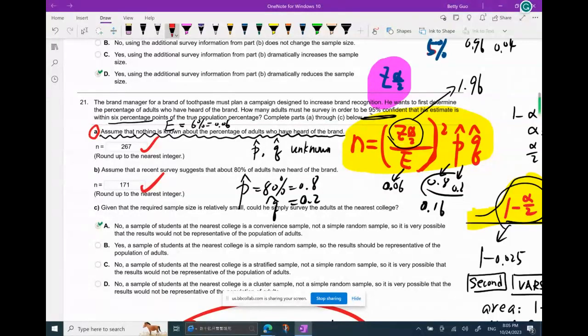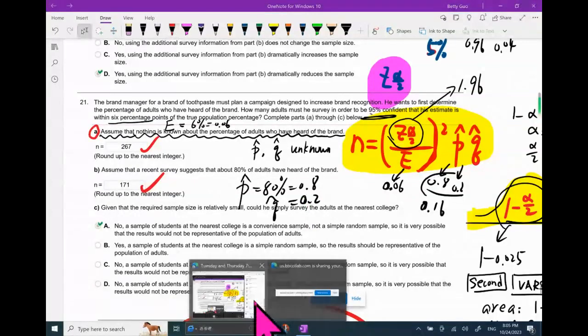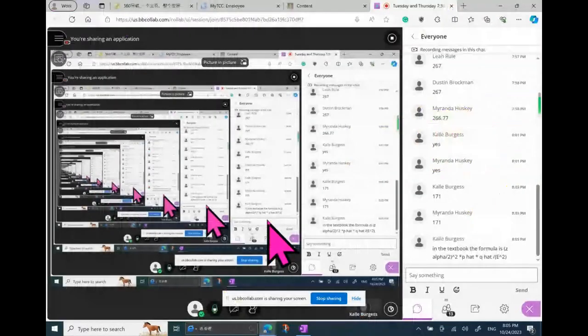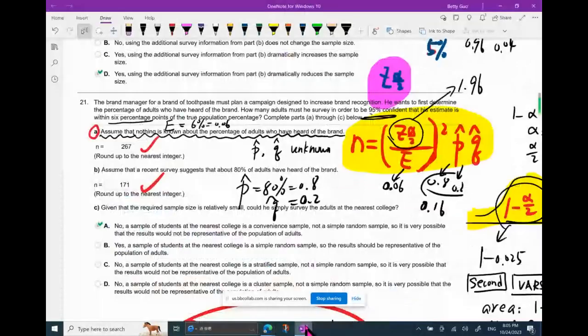Any questions, guys? Professor, I just messaged it, but I know it's hard to say. The textbook's formula is slightly different than yours, even though it might be the same. Really? Theirs shows as z alpha over 2 times the square root of p times q, all divided by E squared.